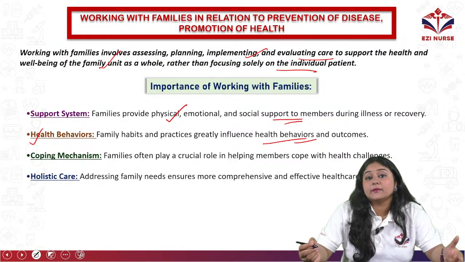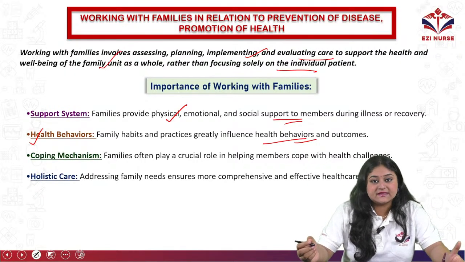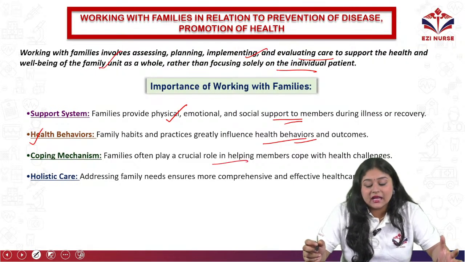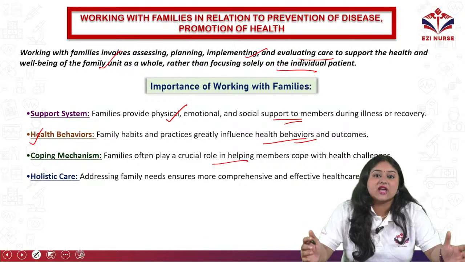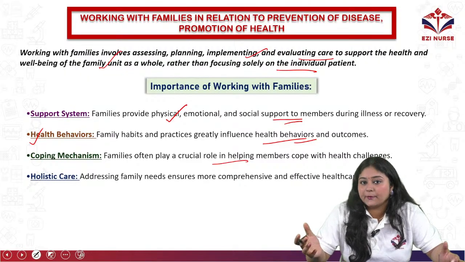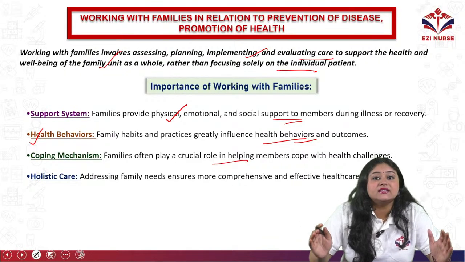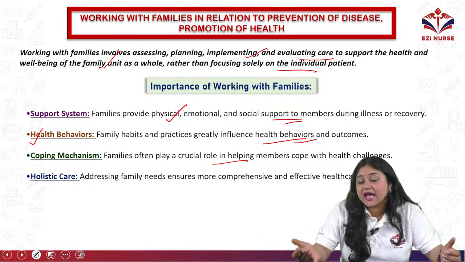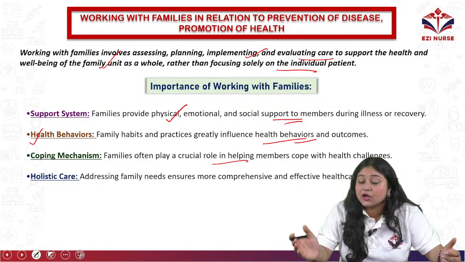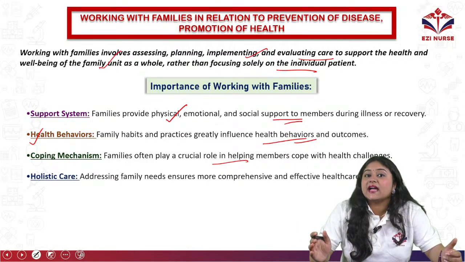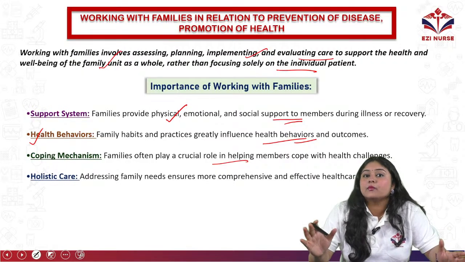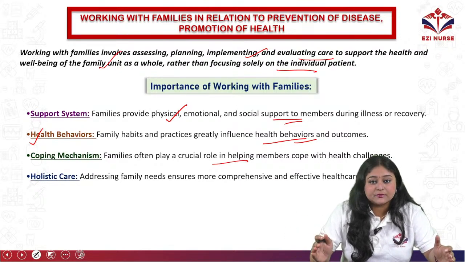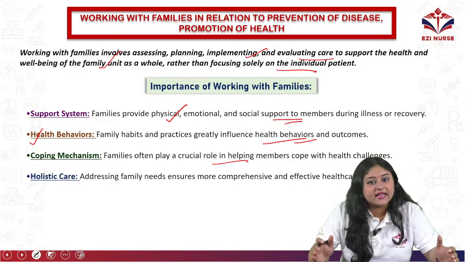Next is the coping mechanism. Families often play a crucial role in helping members cope with health challenges. Sometimes, especially for adult boys or girls who develop a disease, for example prostate cancer or testis cancer, the shape of their body changes and they can't accept that situation at the same time.